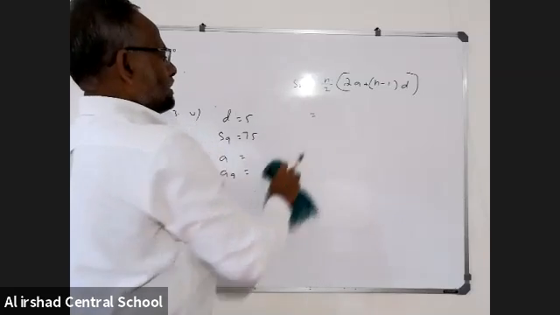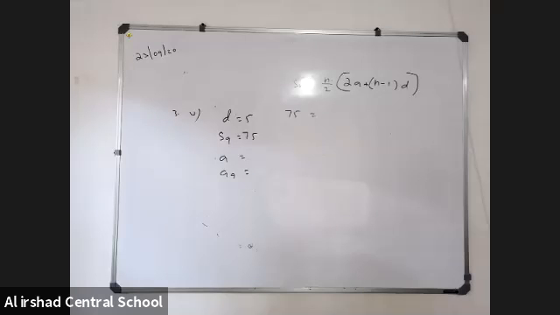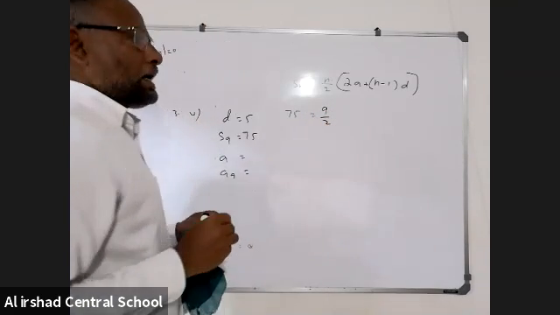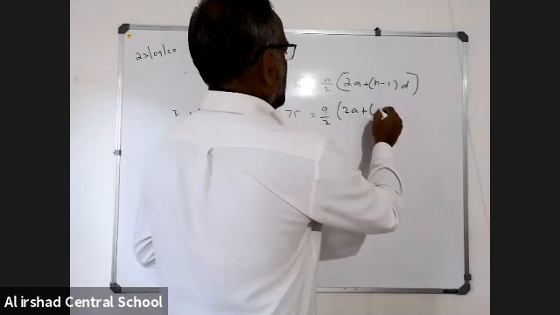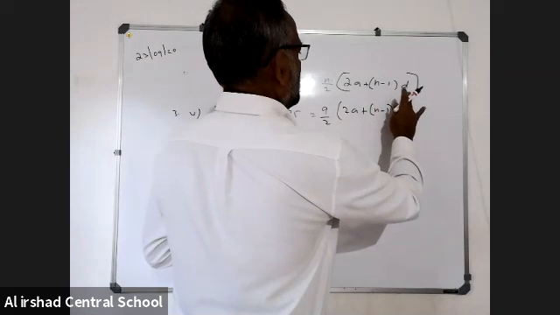That means 75 is equal to n by 2, that is 9 by 2, into 2a plus n minus 1 into d.